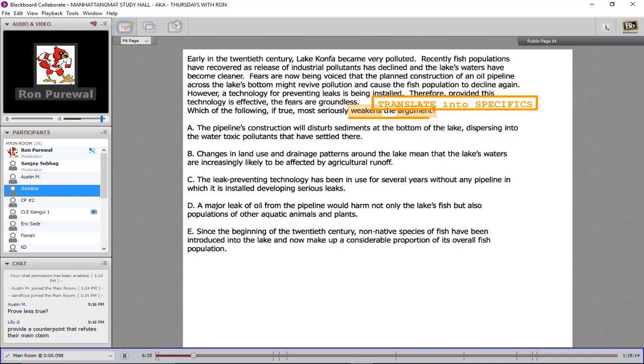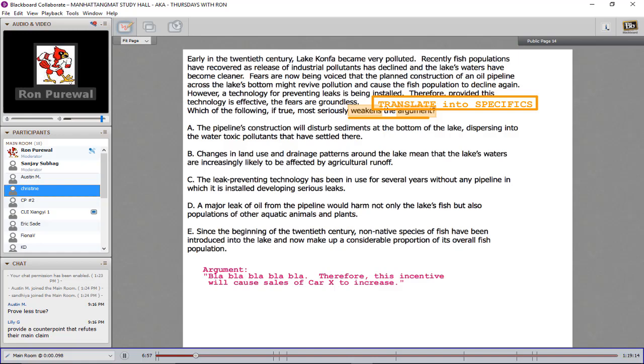Looking for actual specifics. Like if the argument was something like blah, blah, blah, blah, blah, therefore this incentive will cause sales of car X to increase.